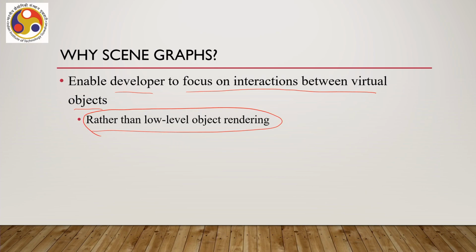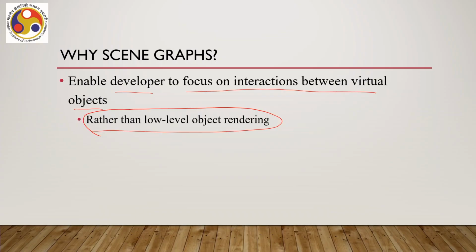So, low level object rendering plus interaction both were to be taken care of by the developer. Now, if we combine the AR toolkit with scene graph libraries, any of the scene graph libraries, then this low level rendering challenges can be taken care of by the library and the developer can focus more on interaction part.